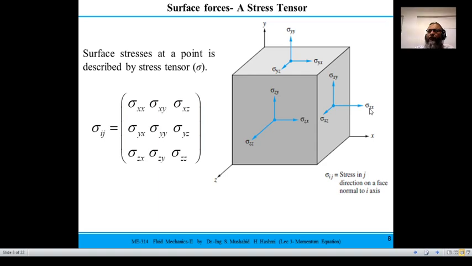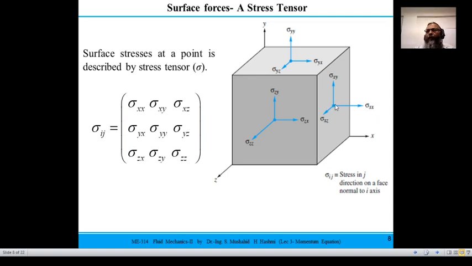So that's why this I subscript of the stress is representing the place where stress is acting. So this area is represented by the normal. So normal to this area is in x direction. That's why it has sigma xx.